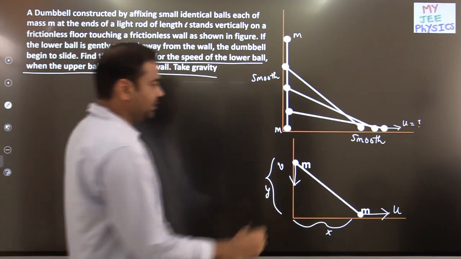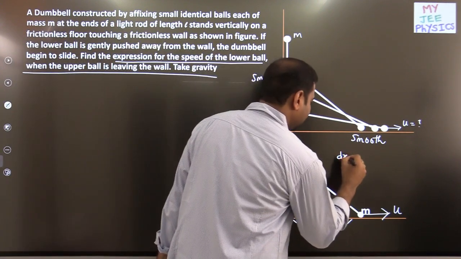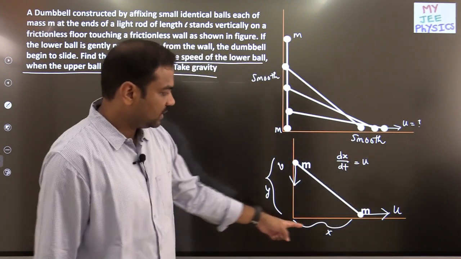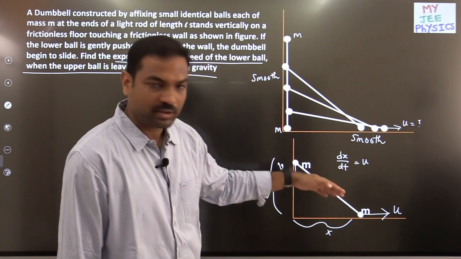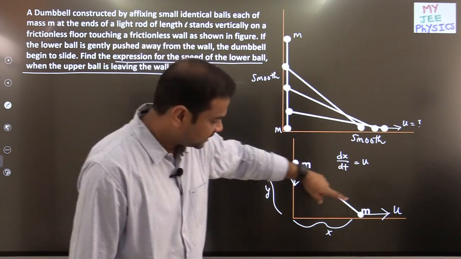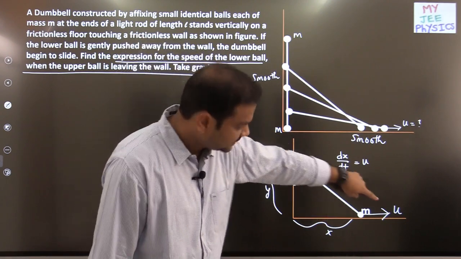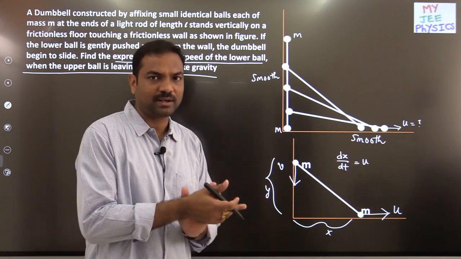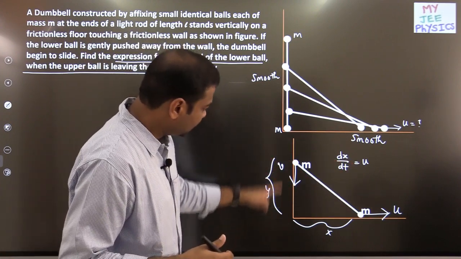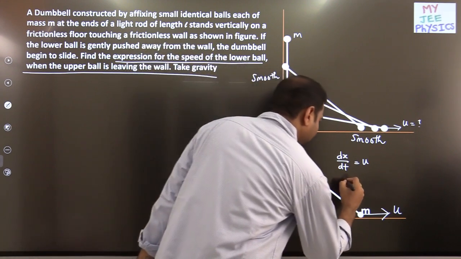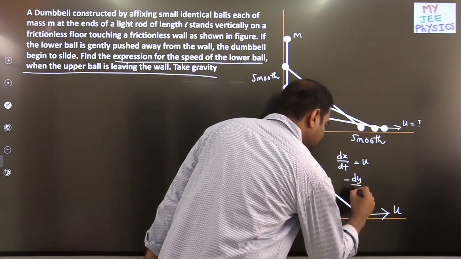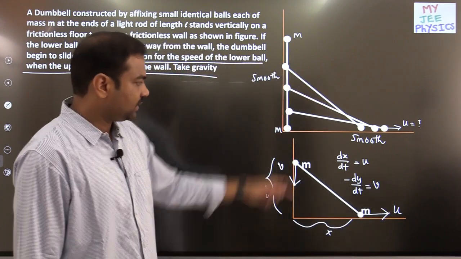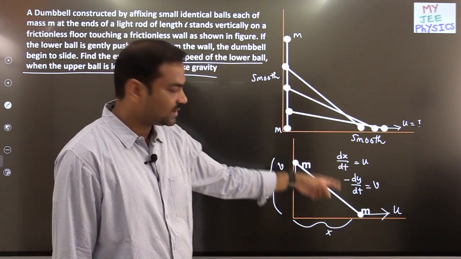Here dx by dt is u, because as the dumbbell slides, x changes, and the change in x gives the velocity. Whereas y also changes, so minus dy by dt is equal to v.